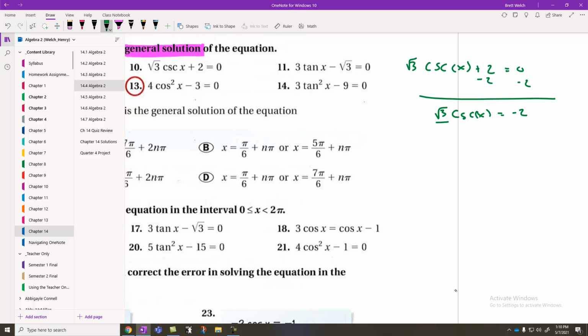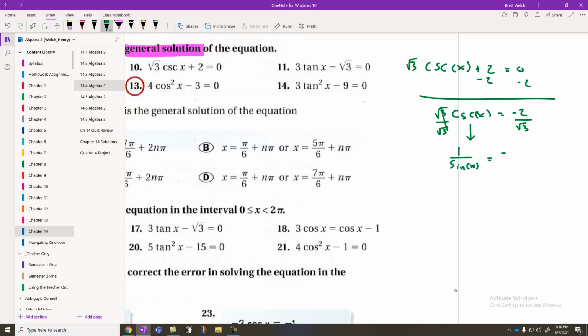Next thing would be to divide by root 3. Now right now we have a root in the bottom, and that's not great, but hold on. The cosecant isn't a function that I know how to solve real well, but I do know how to work with its reciprocal. If you remember, cosecant is equal to 1 over sine.